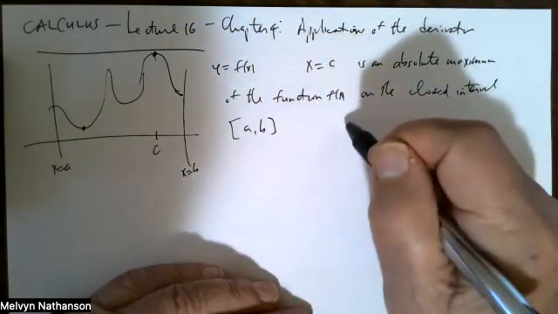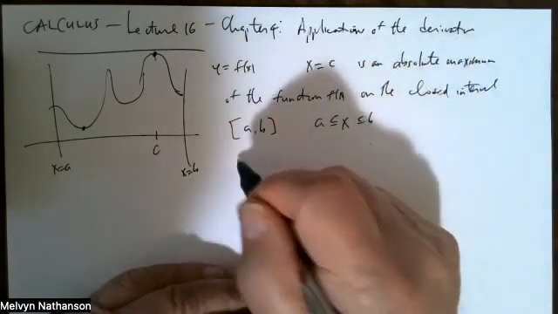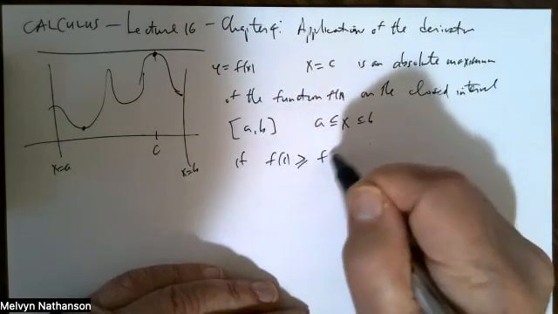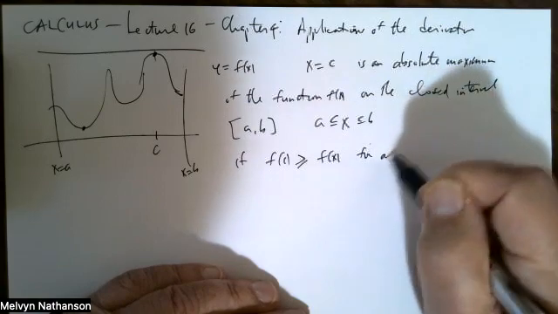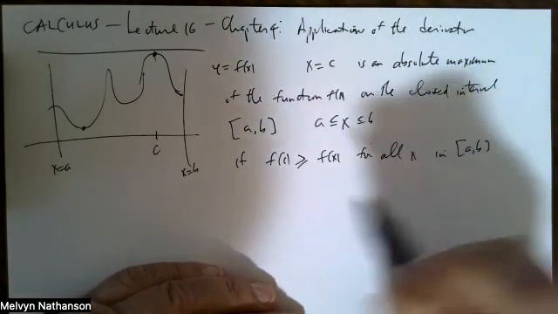So this means the set of all x greater than or equal to A and less than or equal to B, if f of C is greater than or equal to f of x for all x in this closed interval.